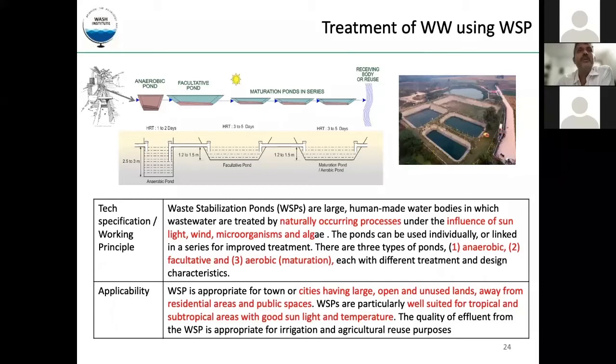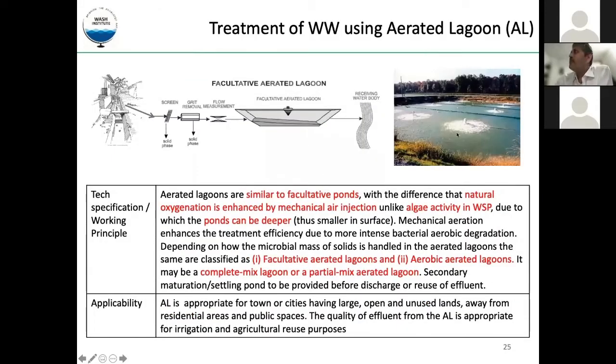The water comes from one point, the design. So as the retention time increases, the pond size also increases. Of course, in the same pond, people are also using aeration.